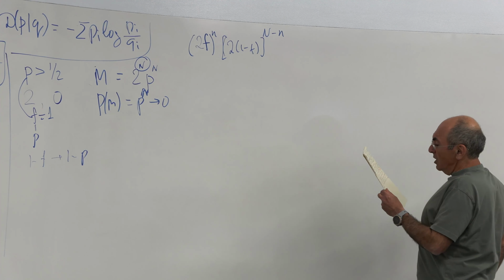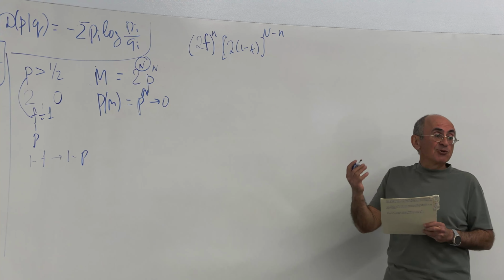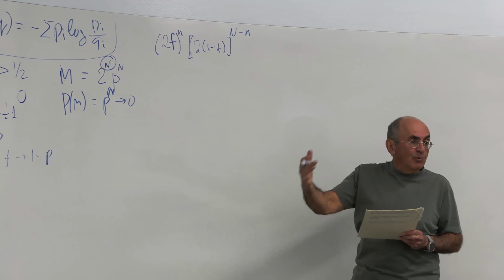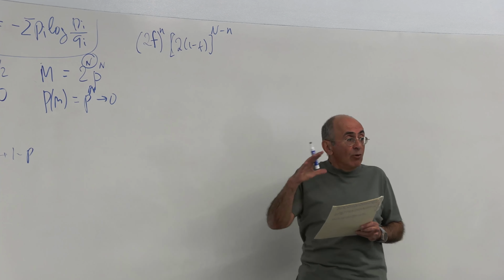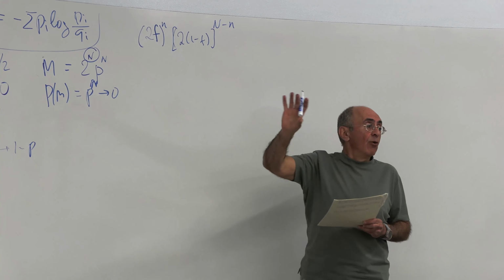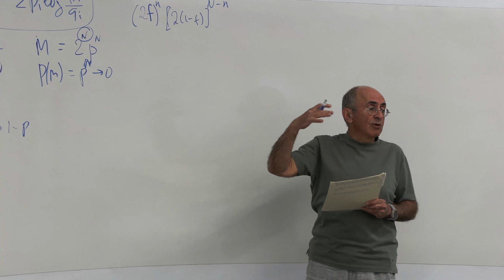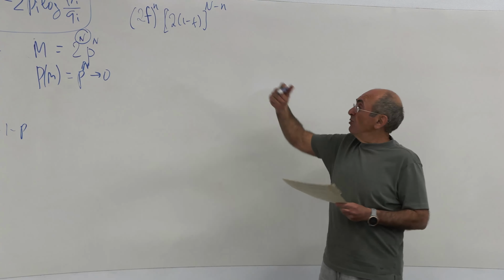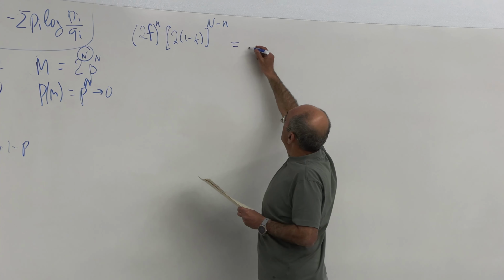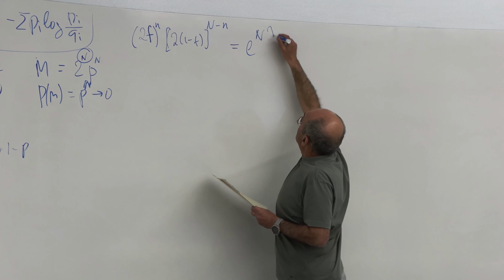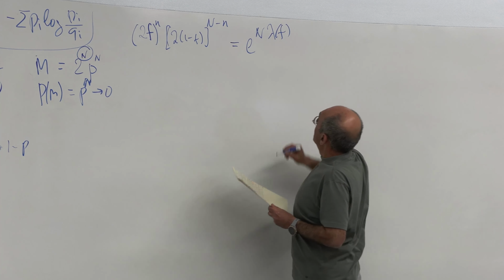So now let's do what we actually do when we compute Lyapunov exponents and all such things, which is always the right thing, as we learn. Always look at the logarithm. Always look at the exponential rate. So let's write it as an exponent of N times some lambda, and this lambda will be a function of f.